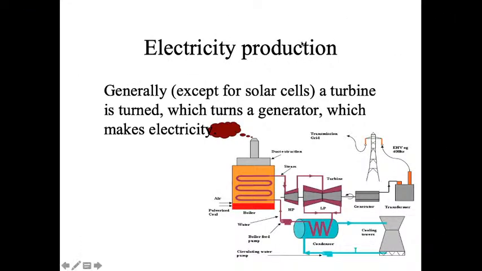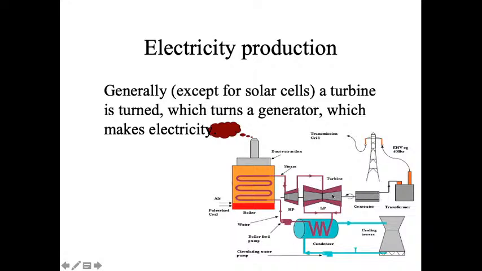So, with the exception of solar cells, a turbine is turned, which in turn generates electricity. Right? We saw that little diagram. So, you can either use wind, you can use water, you can use steam, you can use air.